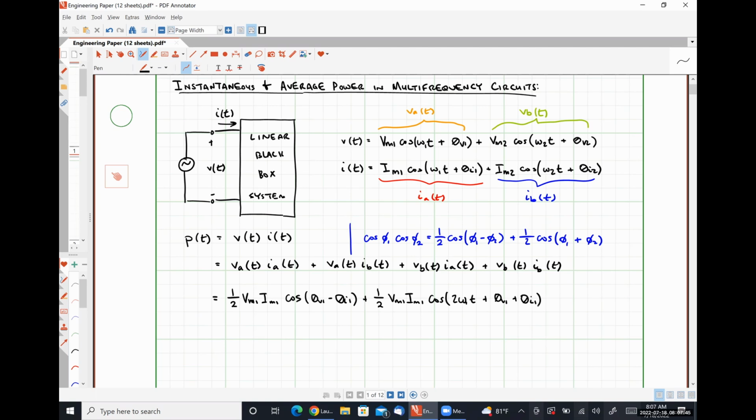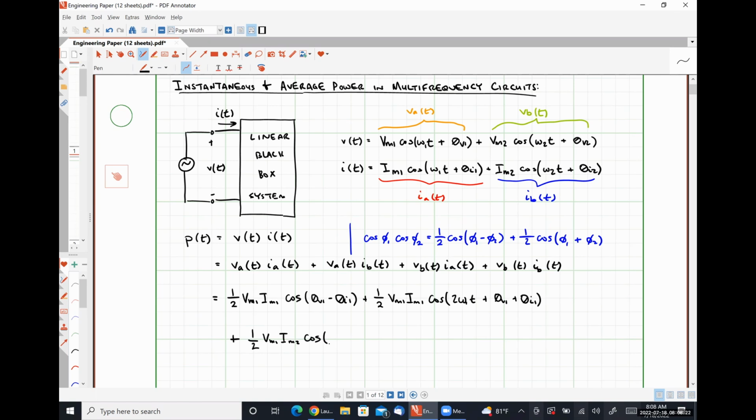When we multiply VA by IB, we're going to add to our previous term a factor of 1/2 VM1 IM2 cosine. And so here we're going to subtract our angles. So our angle 1 is omega 1t plus theta V1, and our angle 2 is omega 2t plus theta I2.